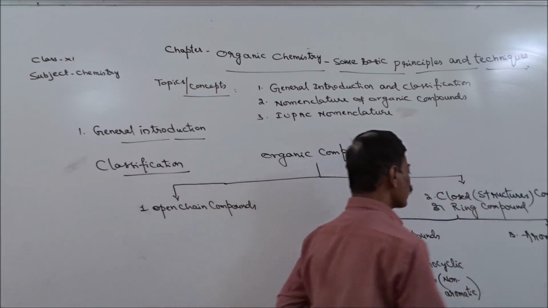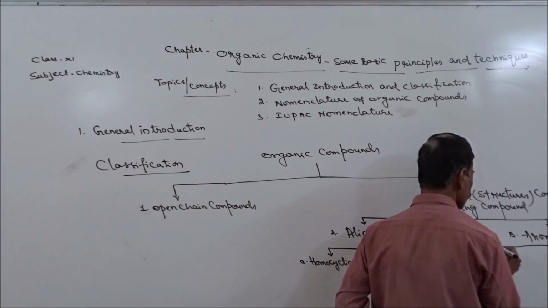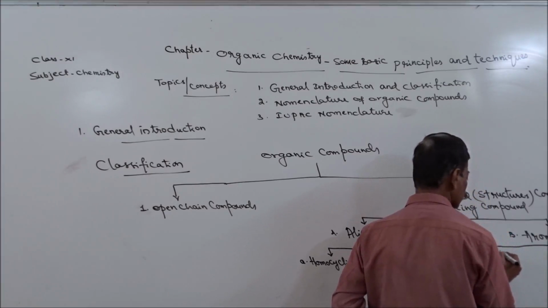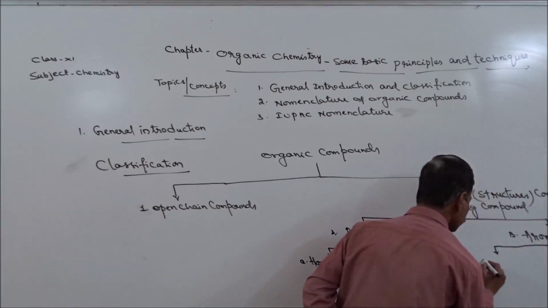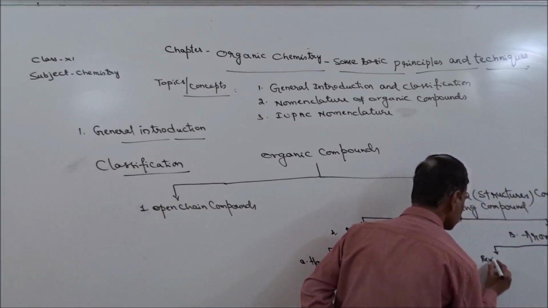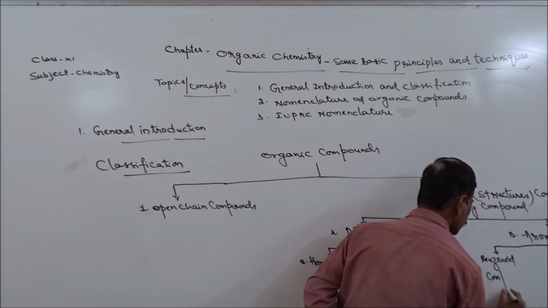And these aromatic compounds are divided into different types. What are those? Let us see. First one is benzenoid compound.